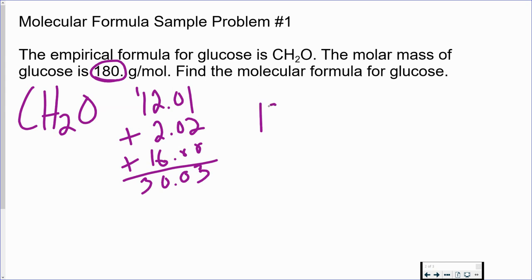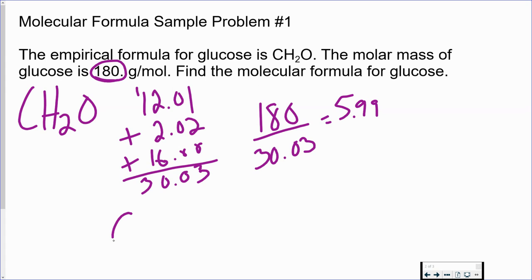So you'll take 180 divided by 30.03, and that'll give you a number about 5.99. So this is pretty much 6.